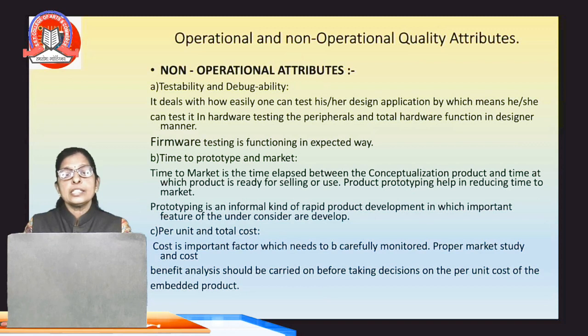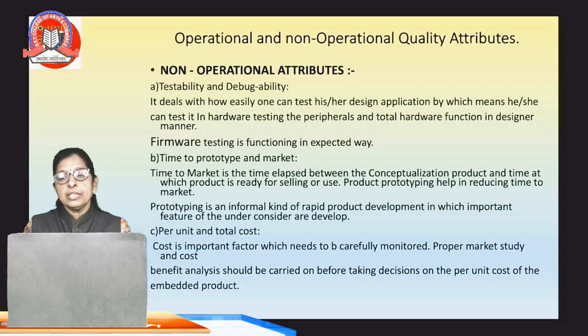Now next are non-operational attributes, which are testability and debuggability. Before using this system, we have to test it first, and after that we debug it. This is the ability which deals with how easily one can test his or her design application.